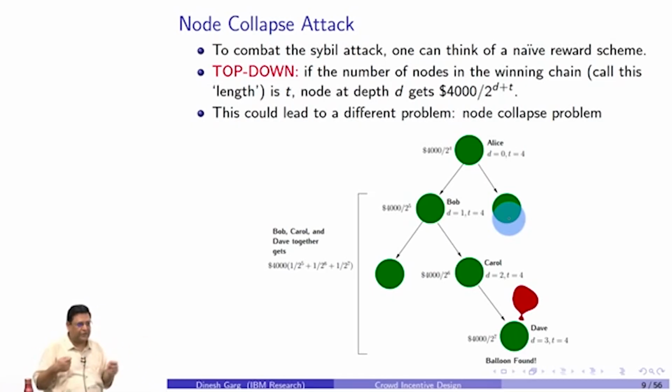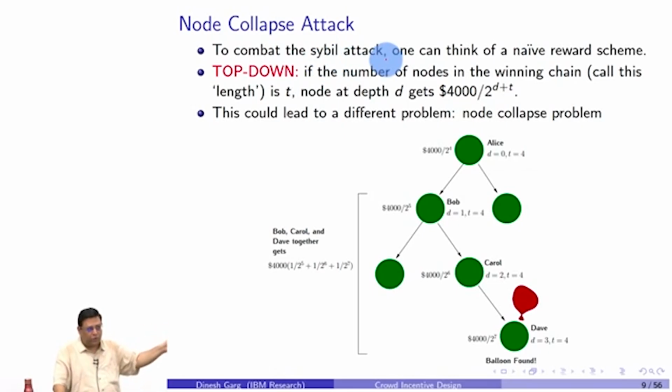You play around with this parameter and you keep getting different varieties of the top-heavy approach, where the nodes who get recruited earlier in time get more money than the nodes who get recruited later. So now, you may think that this reduces the Sybil attack effect. The previous attack we talked about will be less prominent in this scheme.